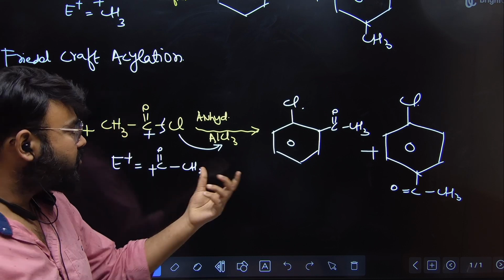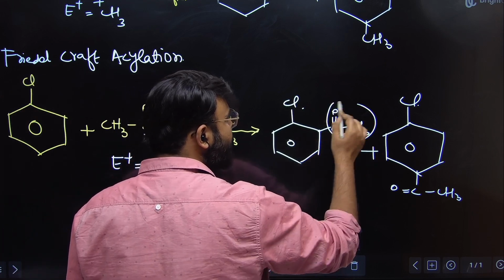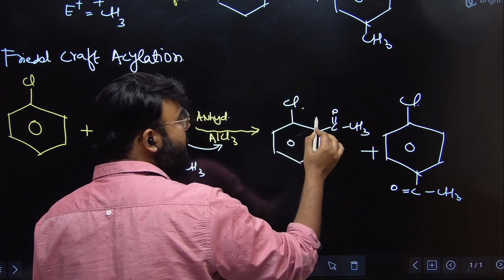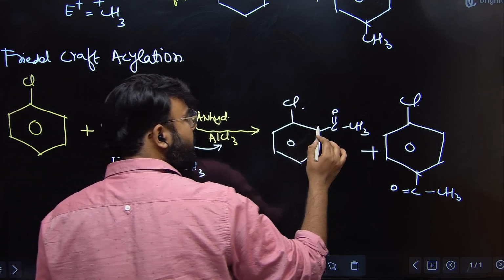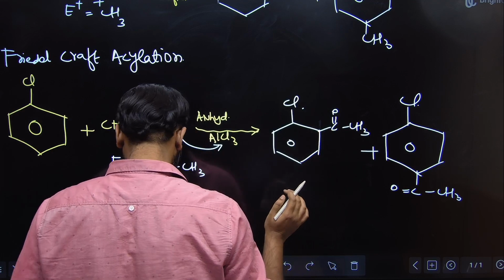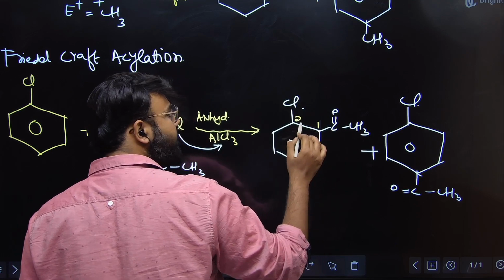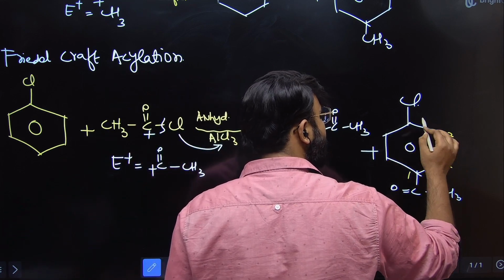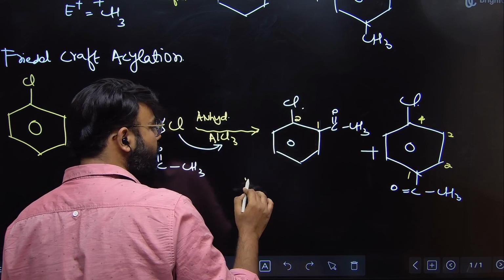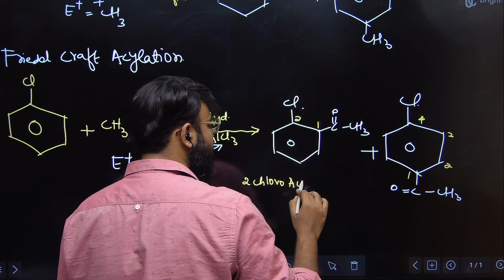So guys, what will be the name of this reaction? So understand this is a ketone group, right? It's a functional group. This carbon will be number one. You're getting it now? This is number one. It should get the lowest number, right? And this will be number two, right? Here it is number one, two, three, four. So what's the name? 2-chloro. And what do we call this? Acetophenone.